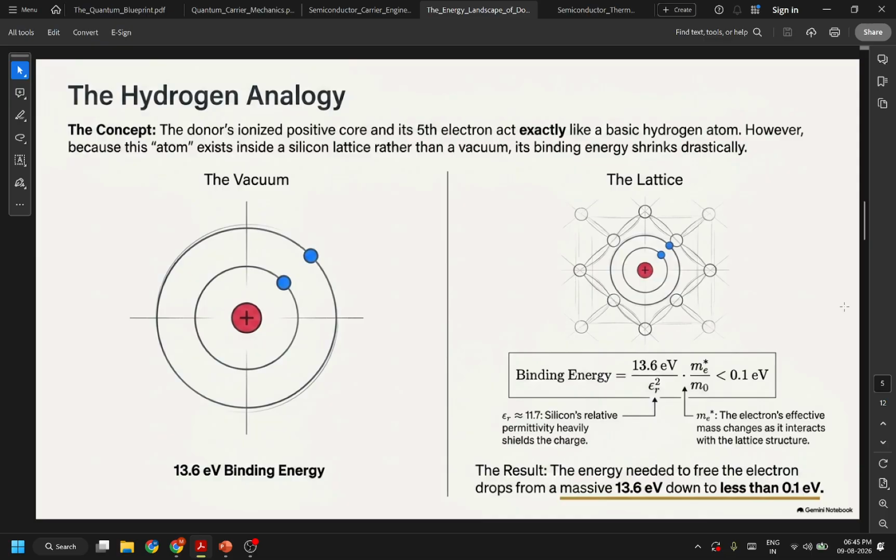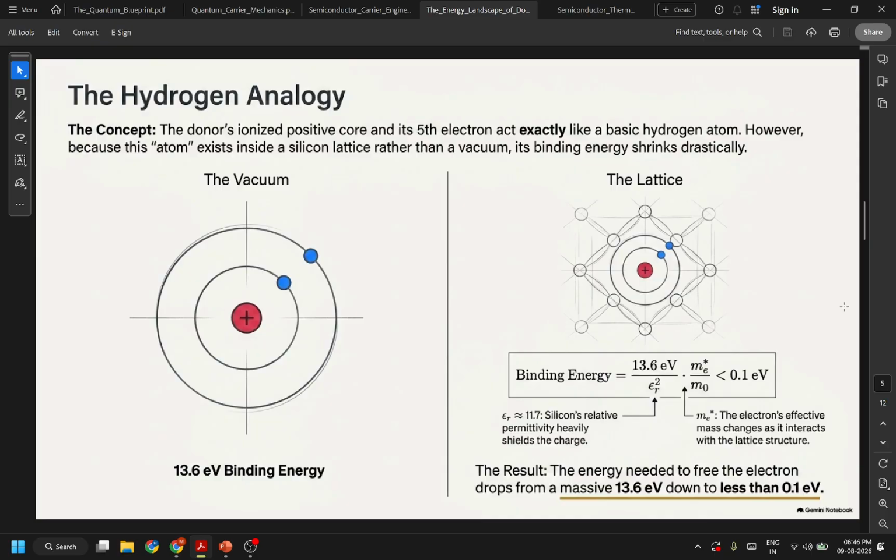So, in terms of hydrogen, the donor's ionized positive core and its fifth electron act exactly like a basic hydrogen atom. However, because this atom exists inside a silicon lattice rather than a vacuum, its binding energy shrinks drastically. In vacuum, it would be 13.6 eV, similar to hydrogen.